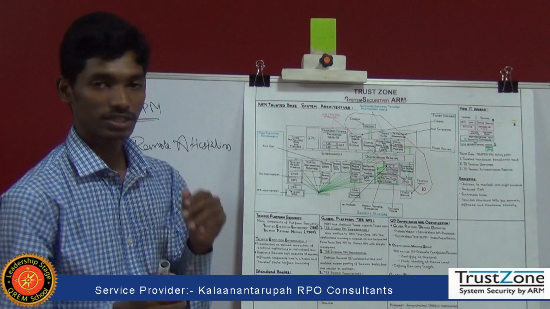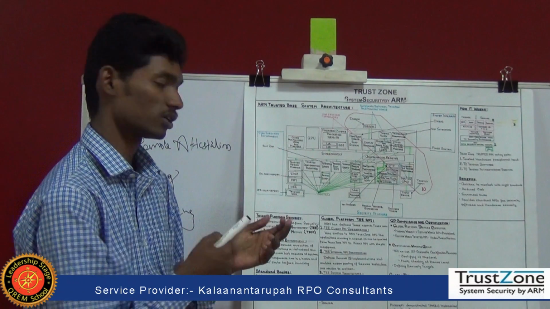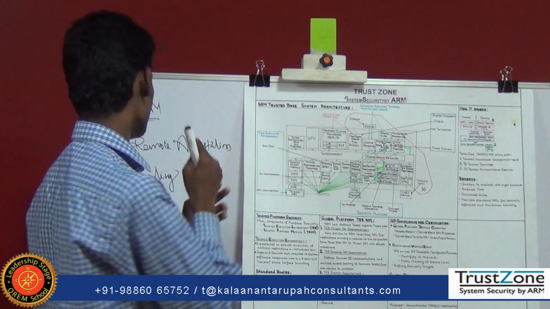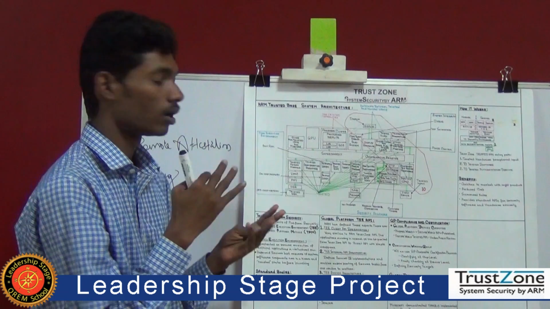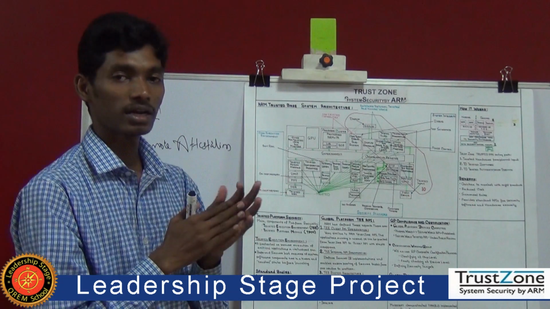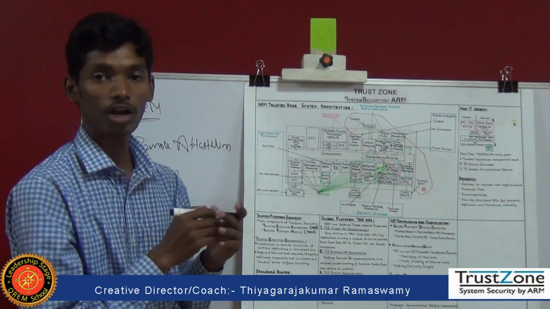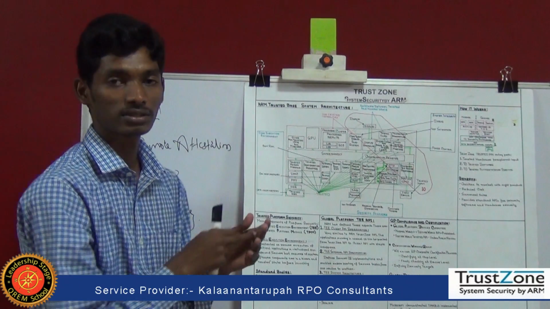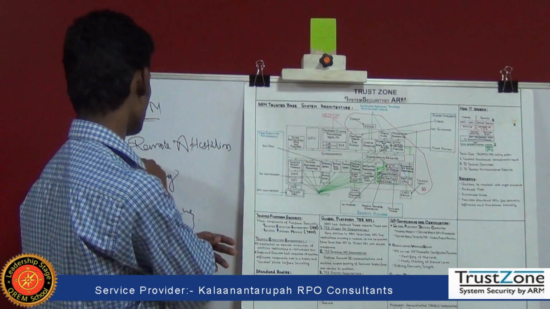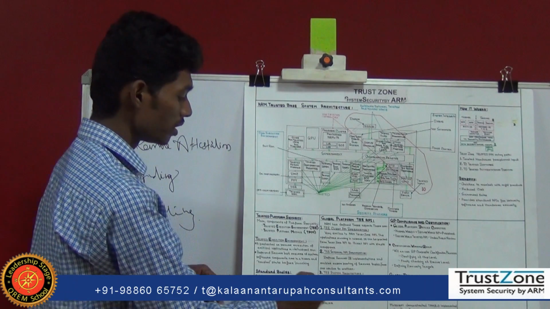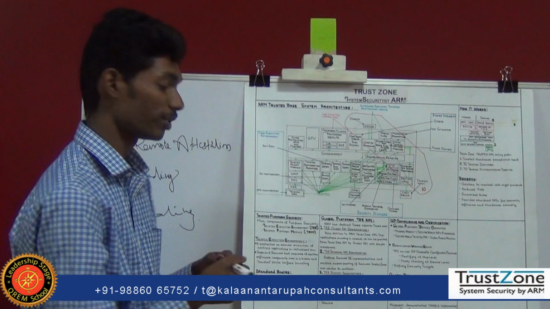What is remote attestation? Consider the normal OS and secure OS running on the same code. The hacker may be able to hack the whole normal OS, but he cannot hack the secure OS. By the use of this remote attestation, this TPM function can be done.